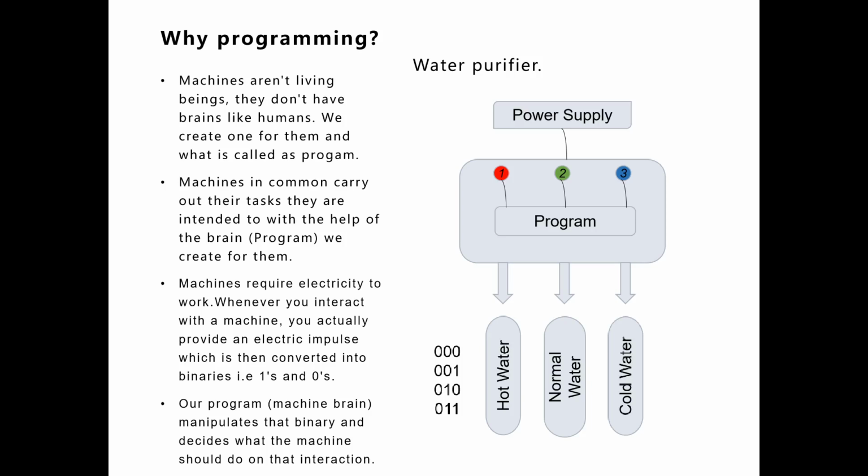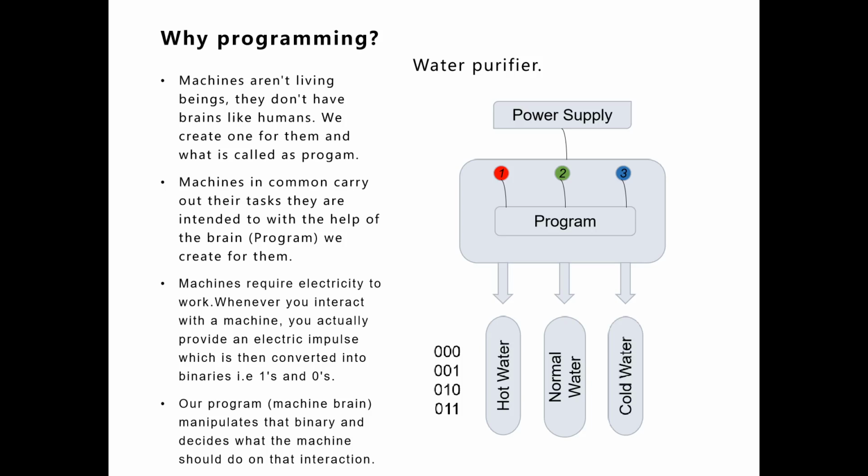To understand this better, let's take the example of the water purifier in front of us. This is supplied power. That supply source can be direct electricity, or the power can be supplied from a battery. Whichever the case, a certain amount of power, specified for that machine, is transferred to it.